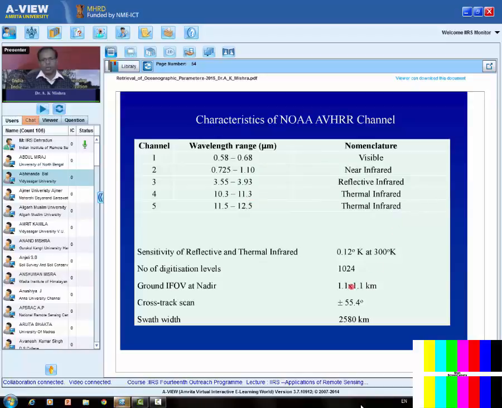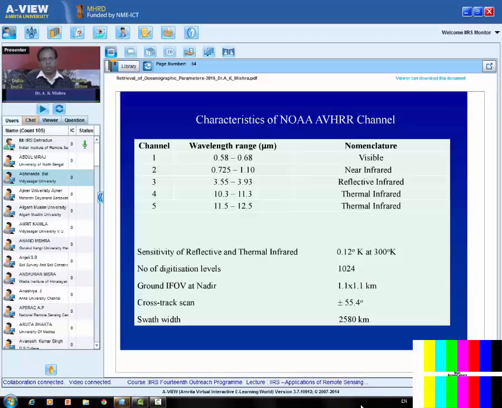So they give you 1 kilometer by 1 kilometer resolution sea surface temperature, and swath width is around 2580 kilometers, and look angle is 55.4 degrees. So this NOAA AVHRR sea surface temperature data is used frequently by the scientific community to interpret the sea surface temperature.